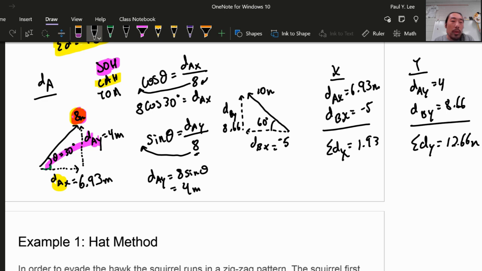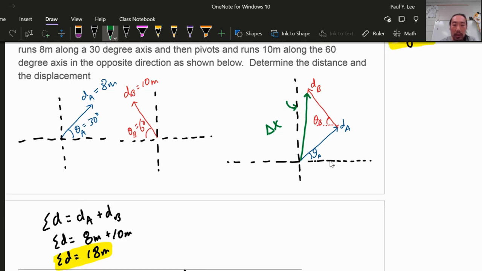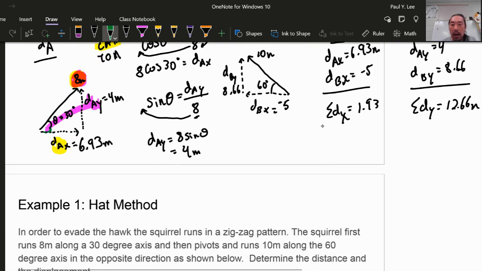All right, so what we just did is we added up dAx and dBx, and then we added up dAy and dBy to find the components of this green vector here. So without having to measure anything, just by math, we found that this vector has these two components.